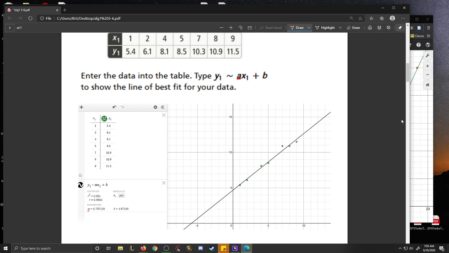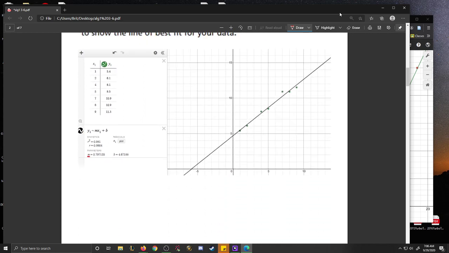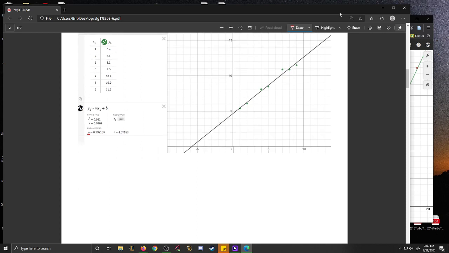I used m on mine because that's what I'm used to seeing. You can see that line passing through these data points. If I go to write the equation, I would write y equals my m, which is 0.797135, times x, plus my b value, which is 4.67188.